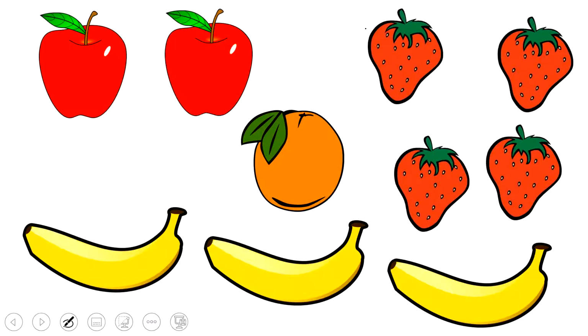Let's look at another one. And I'm going to start with the same thing. I'm going to count my fruit. 1, 2, 3, 4, 5, 6, 7, 8, 9, 10. So I have 10 fruit.